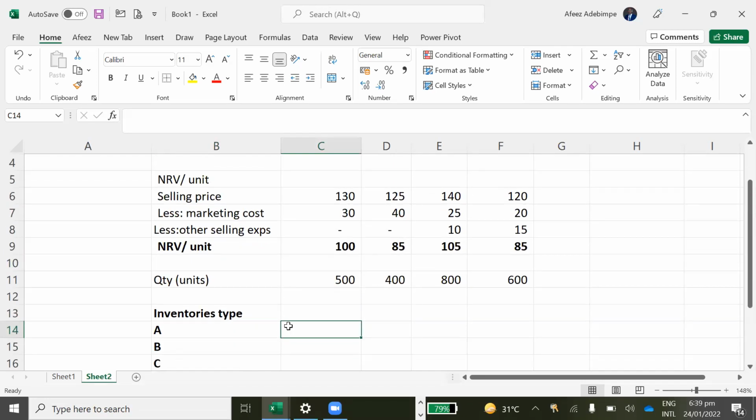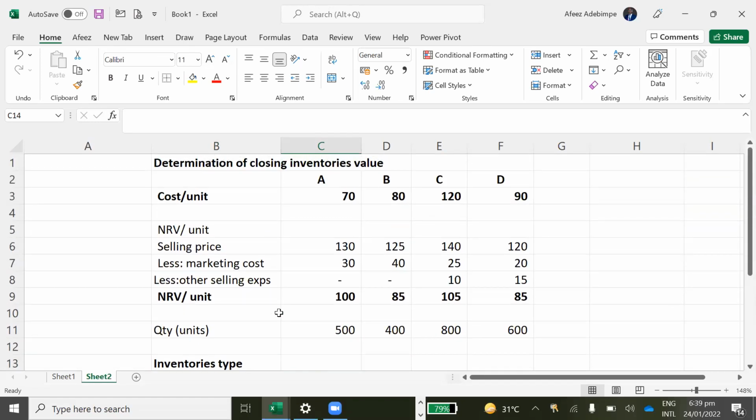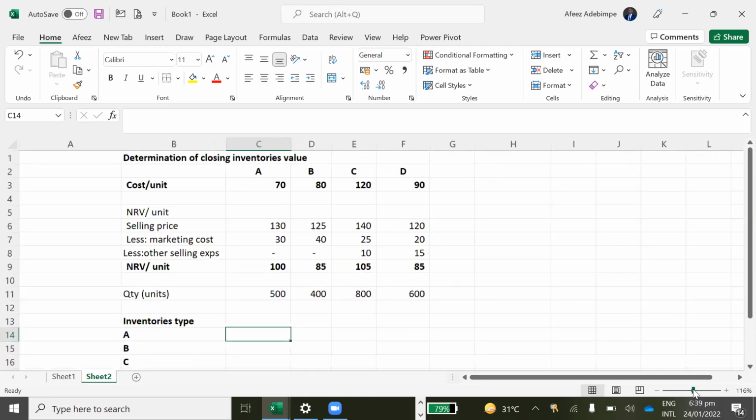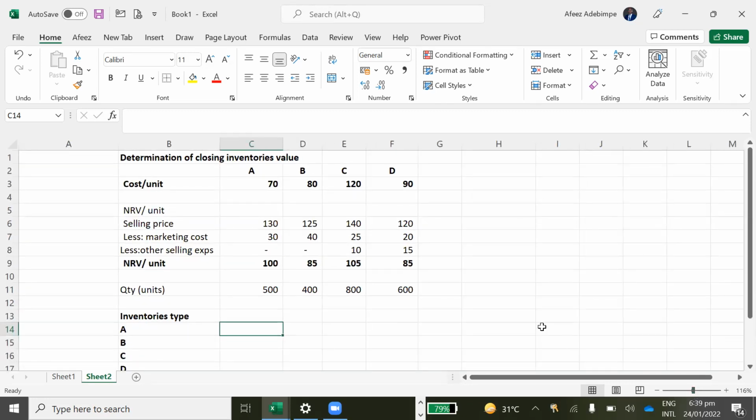Now, for A, we have cost price should be 70 naira per unit.